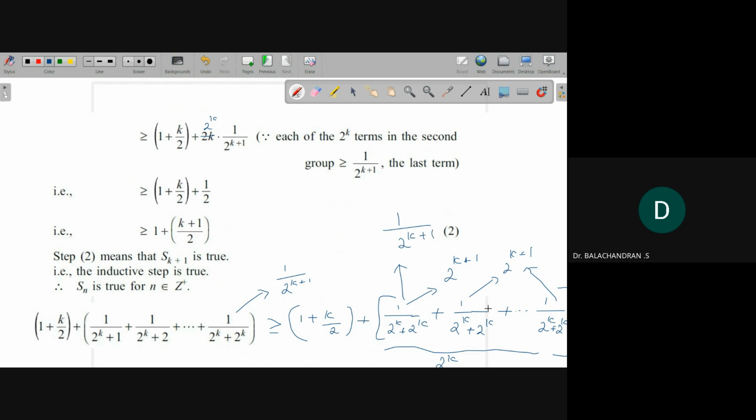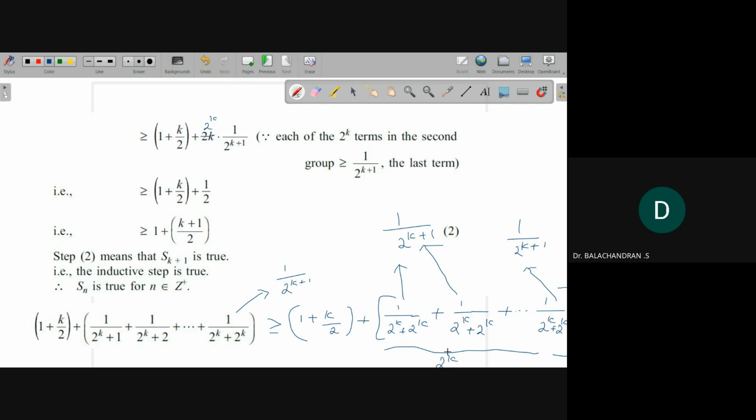Similarly, this expression is also 1 by 2 power k plus 1. So similarly, all of them are 1 by 2 power k plus 1. So totally how many terms here? Already we know there are 2 power k terms.